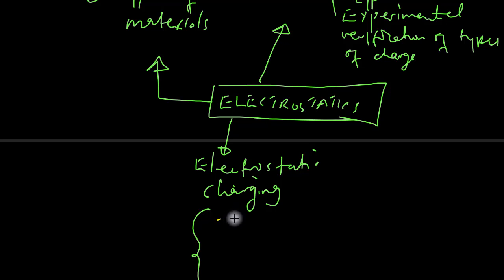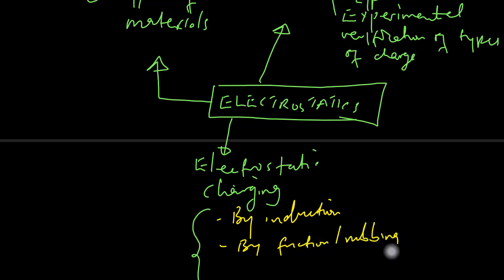Here we'll look at how to charge things by induction or electrostatic induction. We'll look at how to charge by friction or by rubbing. We'll go ahead and see how to charge things by contact or by conduction.